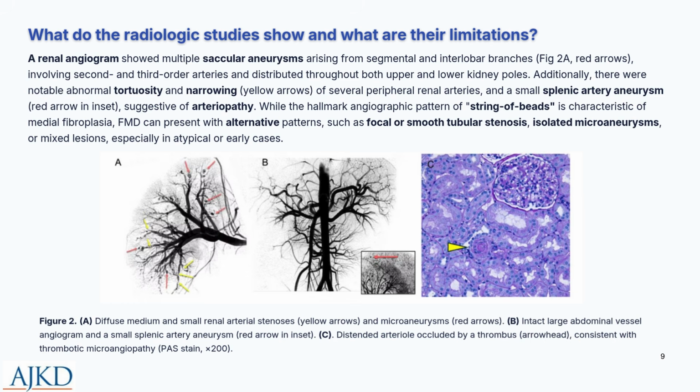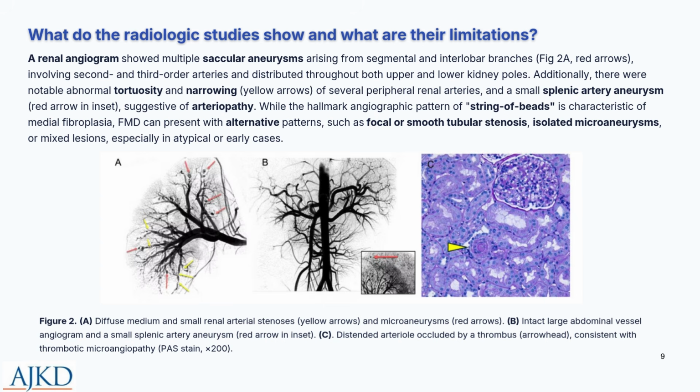Now, we usually think of fibromuscular dysplasia as a classic string of beads pattern, but this case is a great reminder that FMD can present with alternative patterns, especially in early or atypical cases. It may appear as focal or smooth tubular stenosis, isolated microaneurysm, or a mixed picture like what we see here.